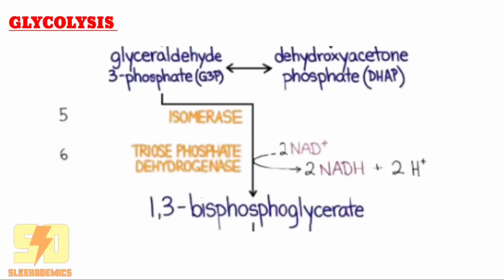Now that we have two of these molecules, glyceraldehyde 3-phosphate, after the hydroxyacetone phosphate had converted to glyceraldehyde 3-phosphate, it is further converted to 1,3-bisphosphoglycerate by an enzyme known as triose phosphate dehydrogenase.